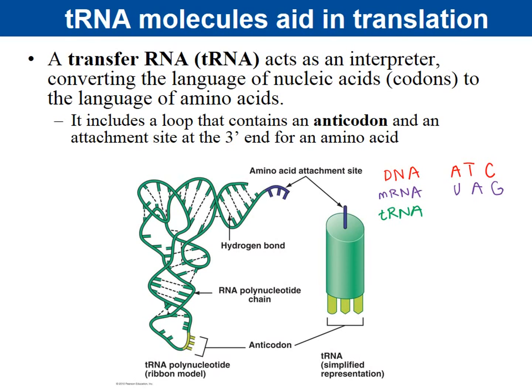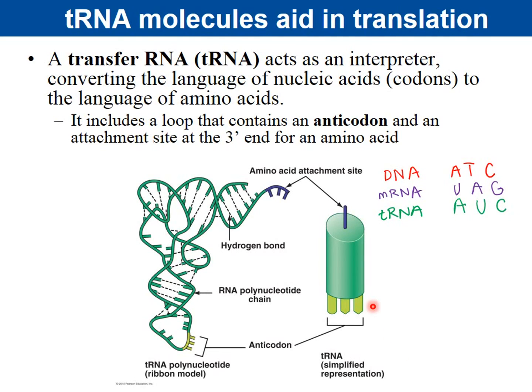So if on mRNA it's an A, the tRNA is going to have a U. If on mRNA it's a U, it's going to be an A. And if the mRNA has a G, the tRNA is going to have a C. And so the anticodon is on the tRNA, and it is complementary to the mRNA codon. This is the way that the tRNA acts as the interpreter.